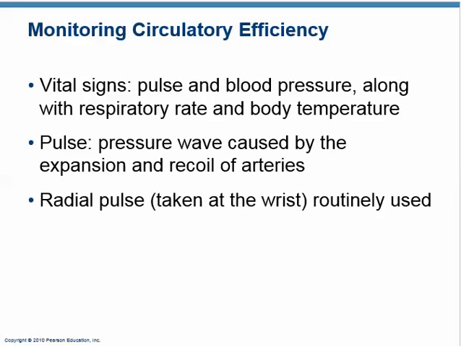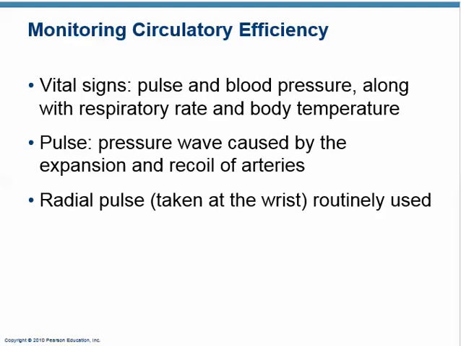By looking at the pulse, which is a measure of the heart rate, and the blood pressure, which is the delta P, we can make assumptions about resistance and about blood flow. Add that to respiratory rate, body temperature, and that kind of thing, and we can learn quite a bit about what's happening with the patient.